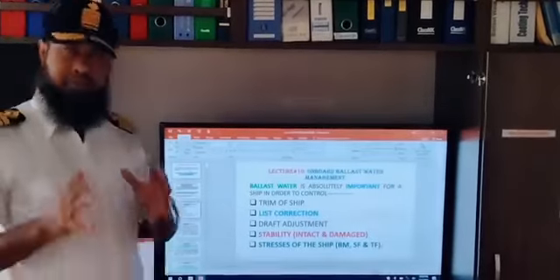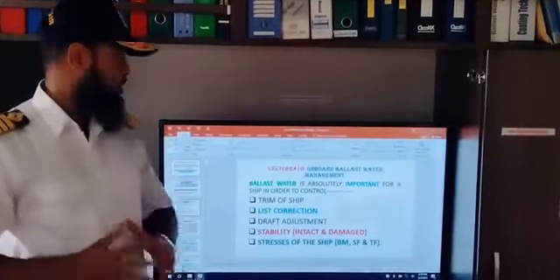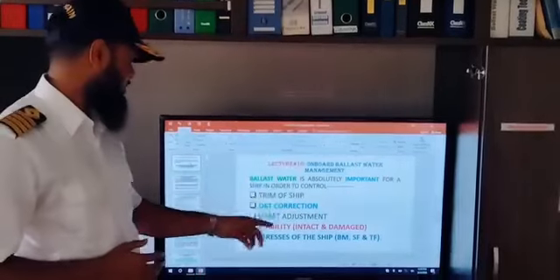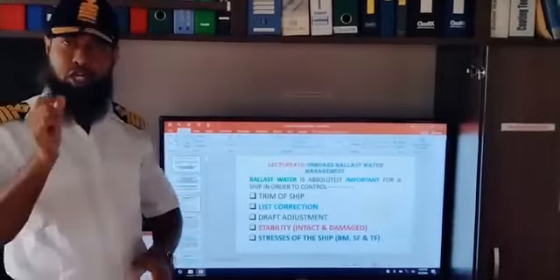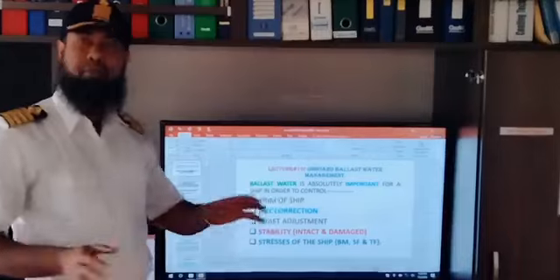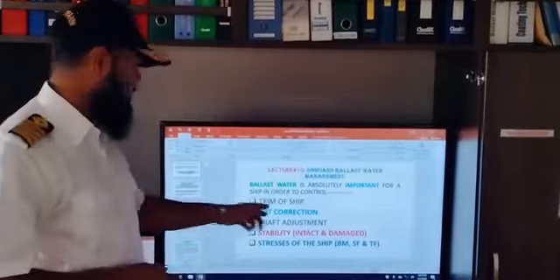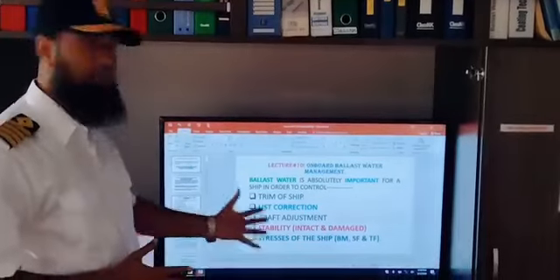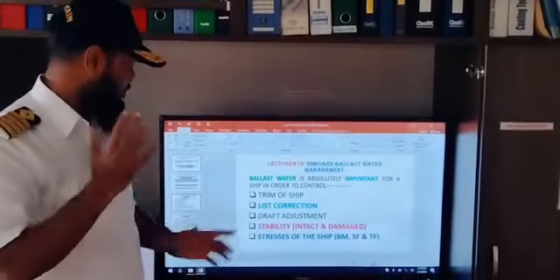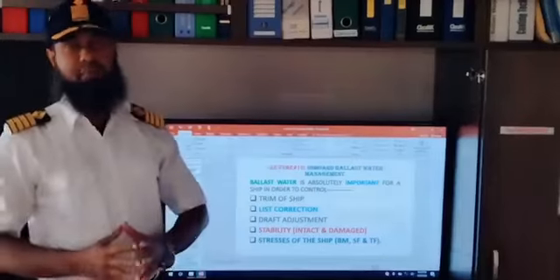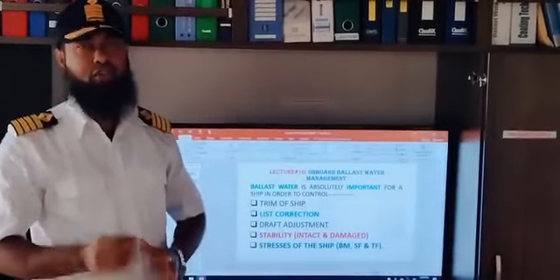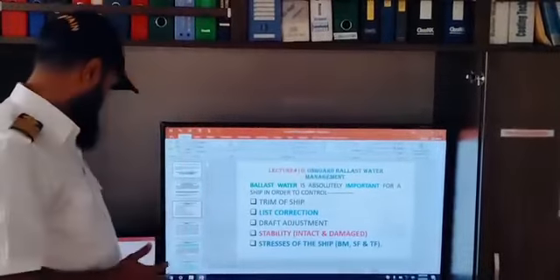Now, the ballast water. Ballast water is absolutely important for a ship in order to control trim of the vessel, list correction, draft adjustment, stability of the vessel, and also longitudinal stresses of the ship like the bending moment, shearing force or torsional forces.